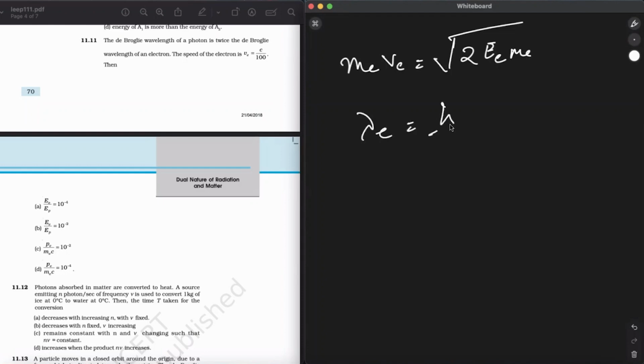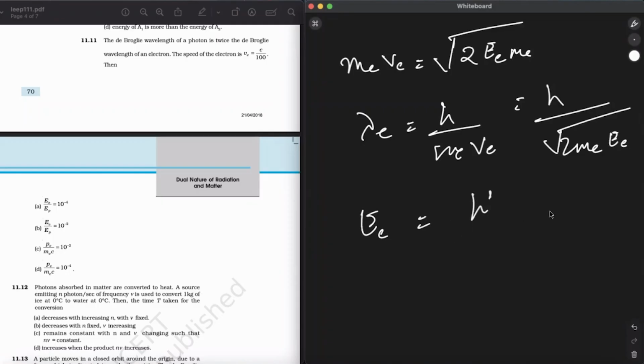Now lambda is equal to h upon Me Ve, so h upon under root of 2 Me Ee. Now energy E equal to h square upon 2 times lambda whole square times Me.